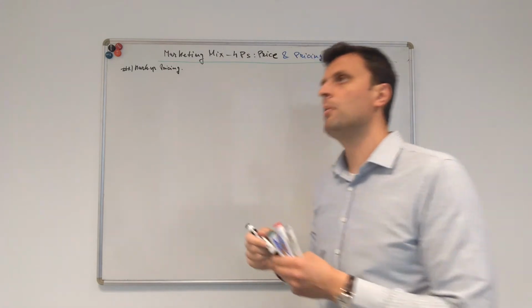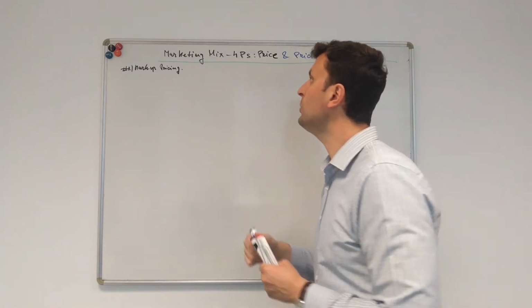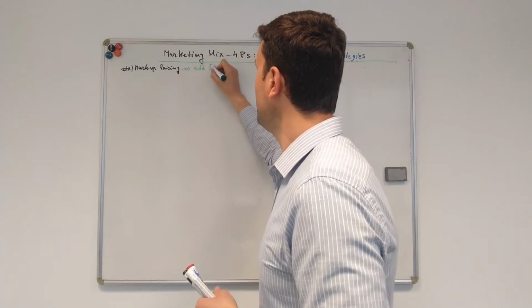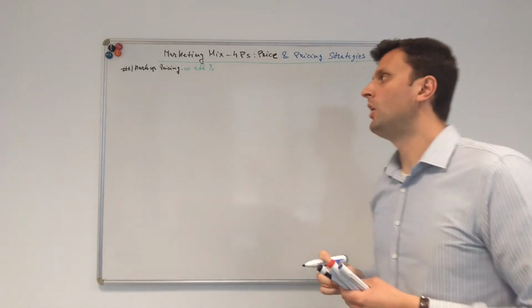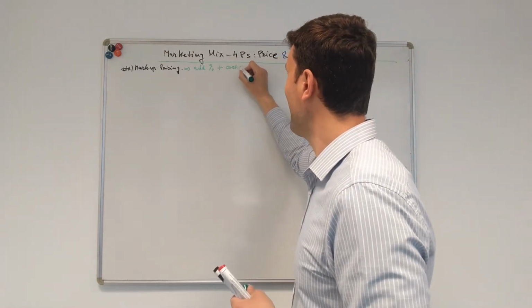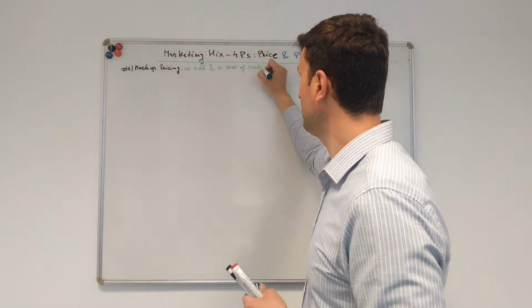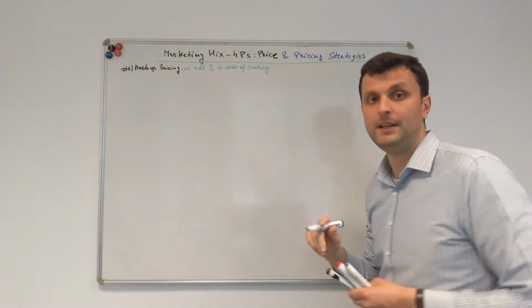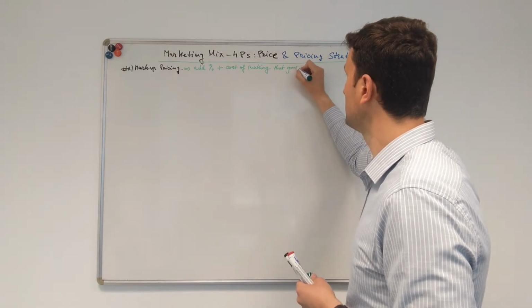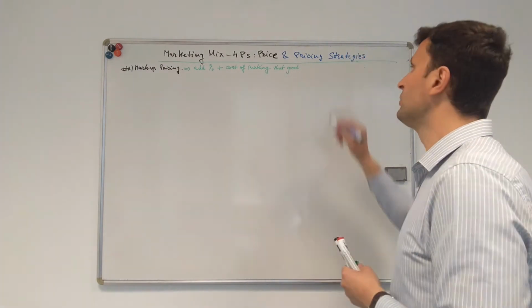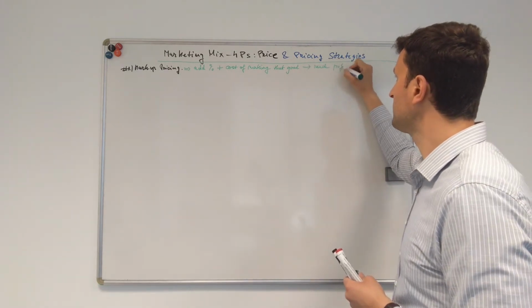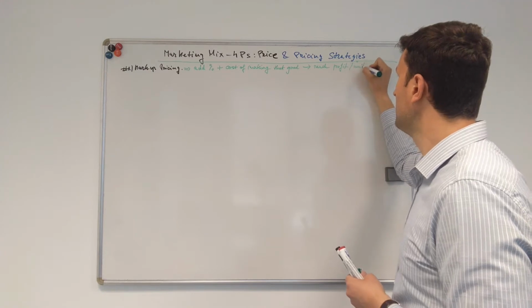Okay, markup pricing means that you add a percentage on top of the cost of making that good, so that you make sure you reach a profit per unit.